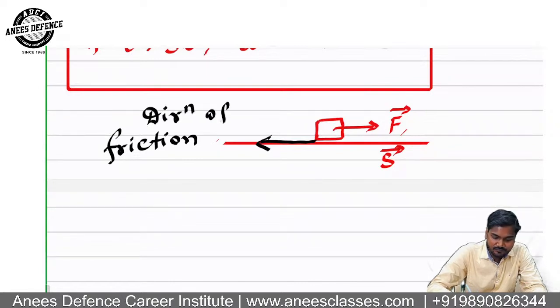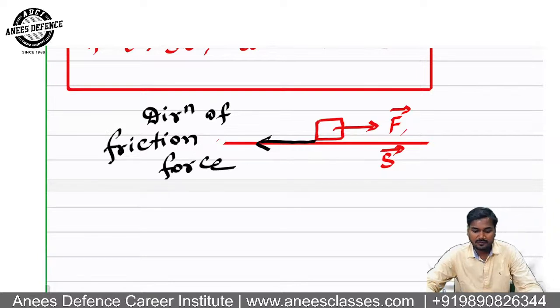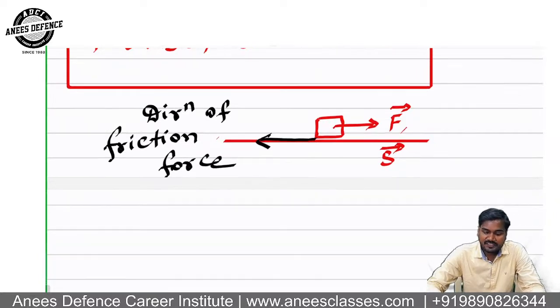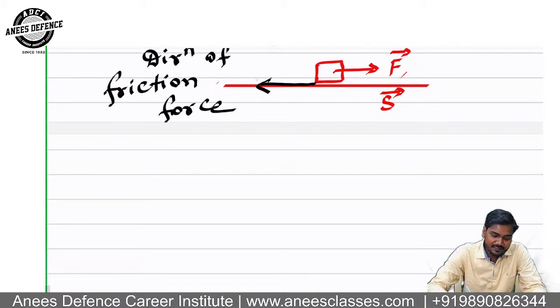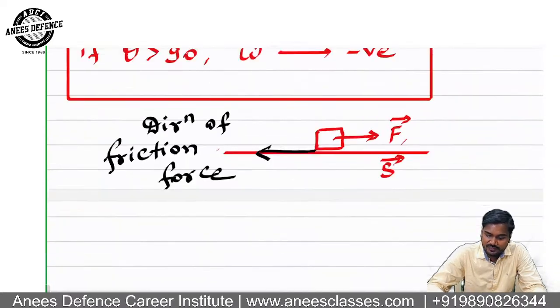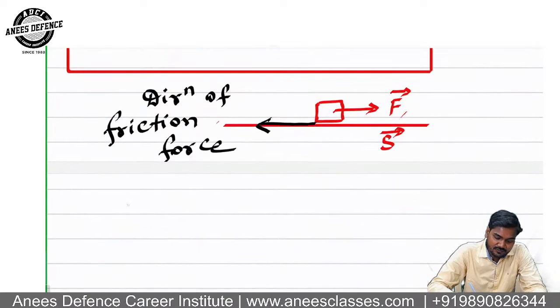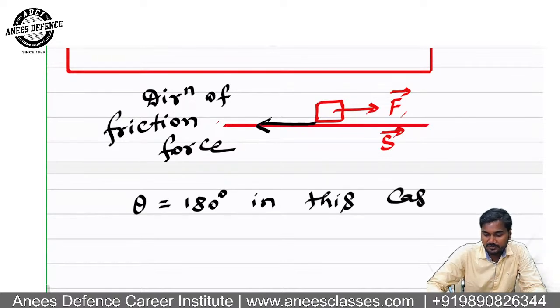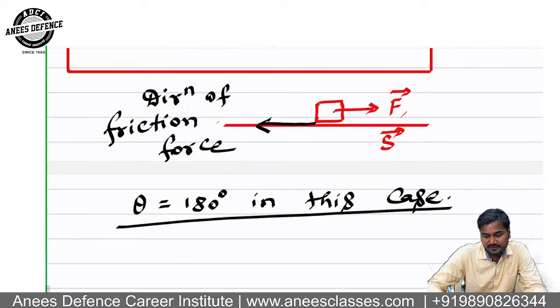Friction force and displacement are opposite to each other, so theta is equal to 180 degrees in this case.